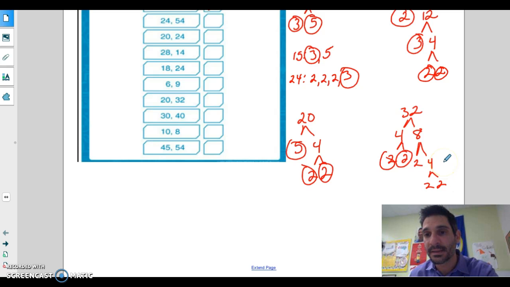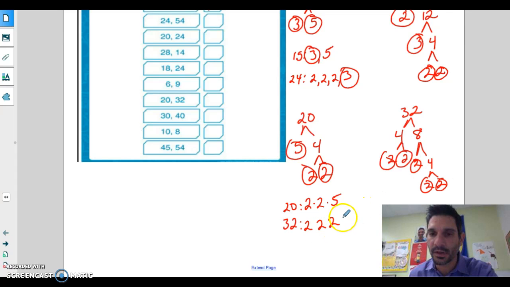So now I got to look at it. I have 20 and I have 32. So I have 2, 2, and 5. Here I have 2, 2, 2, 2, 2, five 2s.